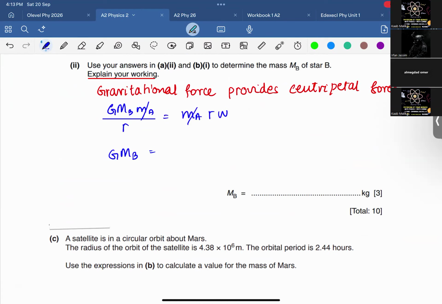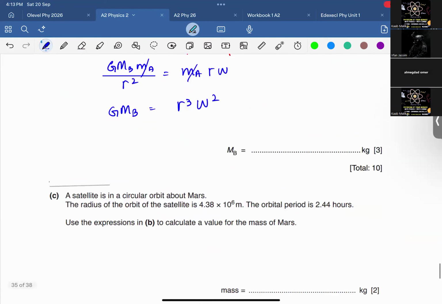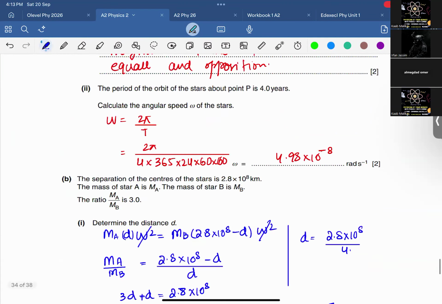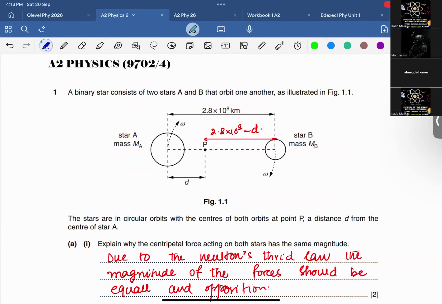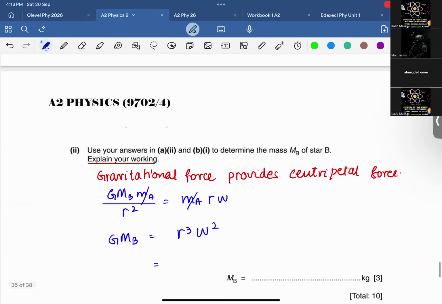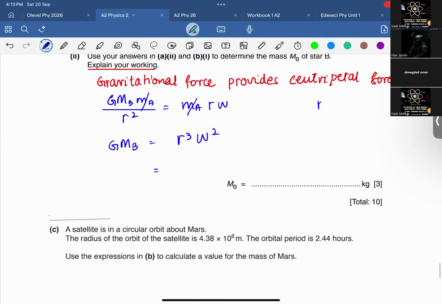Then it's going to be r cubed times omega squared, right? Now, what is r? It is this distance, 2.8 exponent 8 minus d, which is 7 exponent 7.